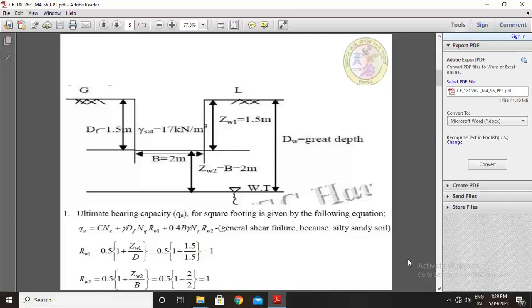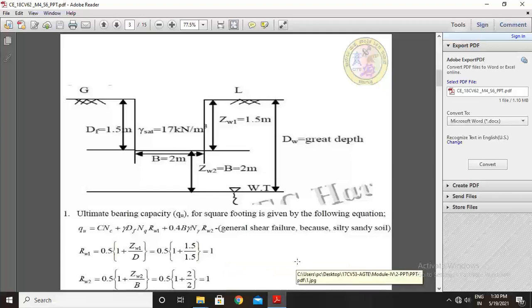Calculate RW1, water reduction factor, which is given by the equation 0.5 times 1 plus ZW1 by D. So here ZW1 is 1.5, D is depth of footing 1.5. So while solving this equation, we are getting RW1 is 1.